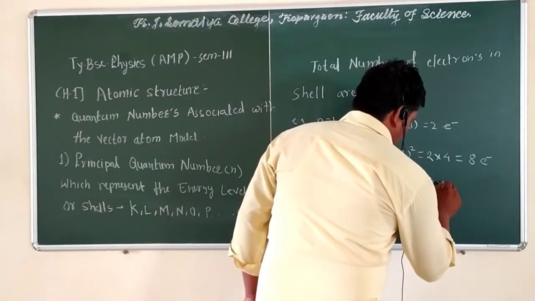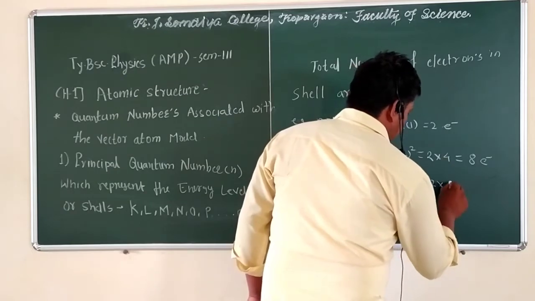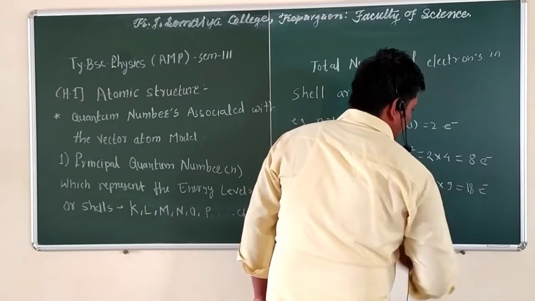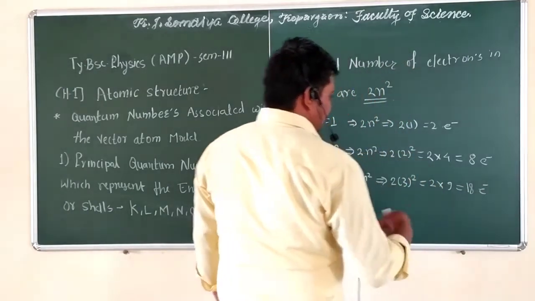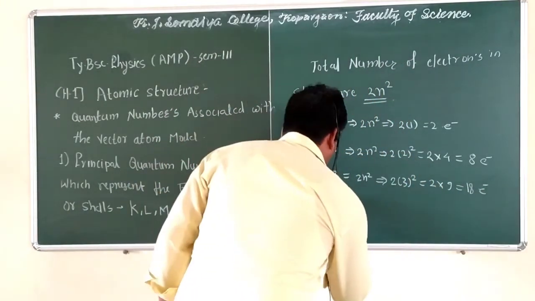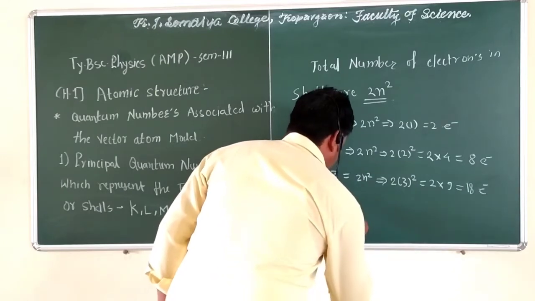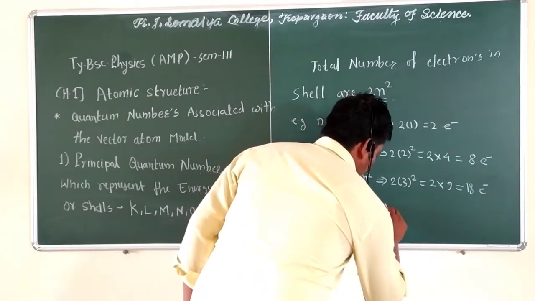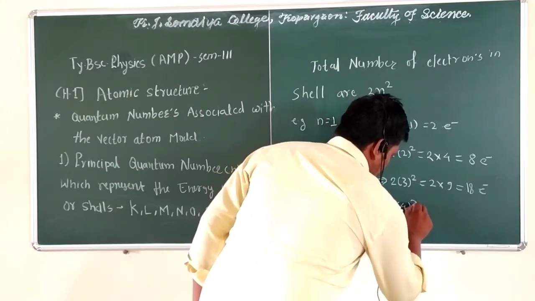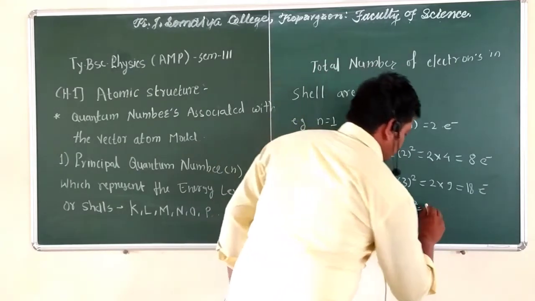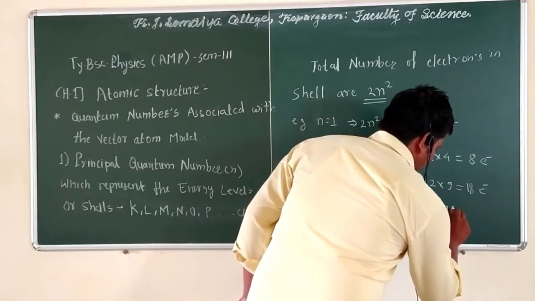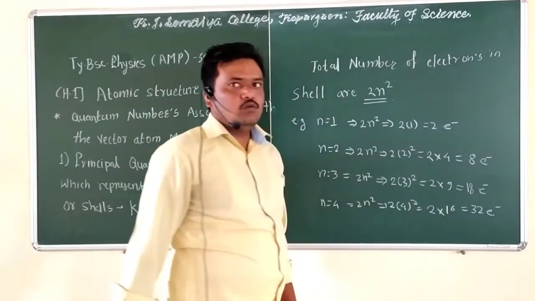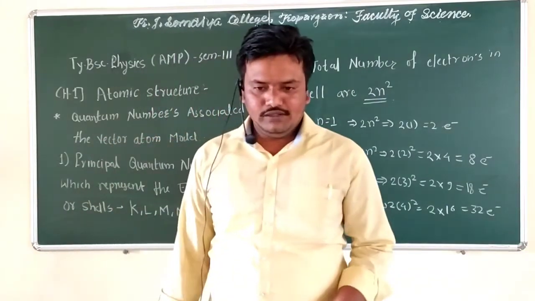So that is 2 into 3 square, that is 2 into 9, which is 18. So in the next shell, 18 electrons are there. And if n is equal to 4, then 2n square is 2 into 4 square, and 4 square is 16, so 2 multiplied by 16. So a total of 32 electrons for the n is equal to 4 orbit.